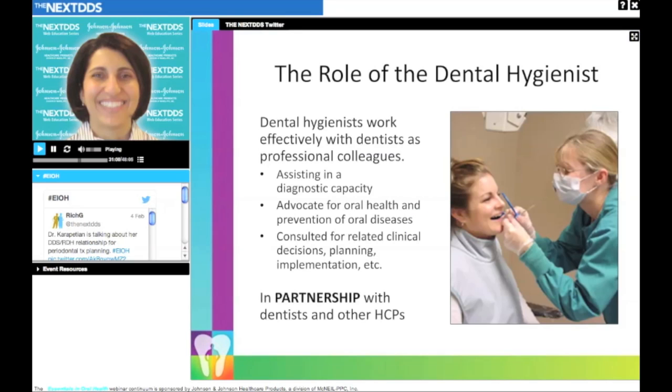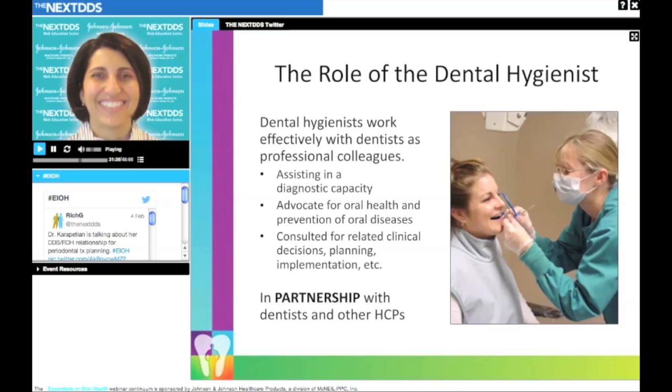So what is the role of a dental hygienist? Just to take a little side comment, when you're a dentist in a practice, you can't be everywhere at once and treat every patient all the time. You need to rely on your team. And you can rely on your dental hygienist because he or she has gone through the proper schooling, the 2 or 4 years of training that they require, and they are board certified.